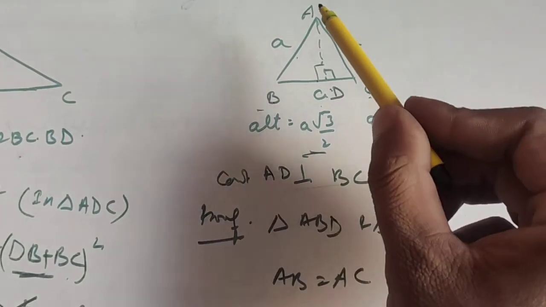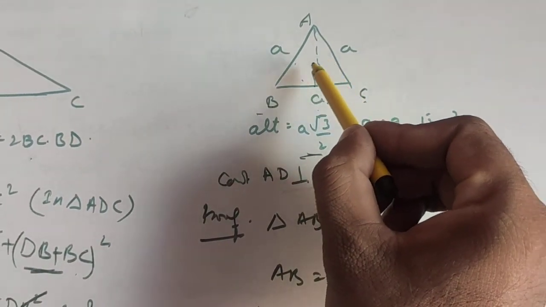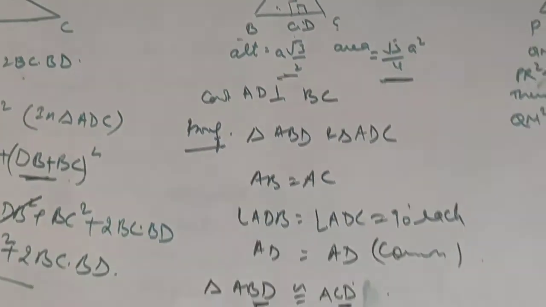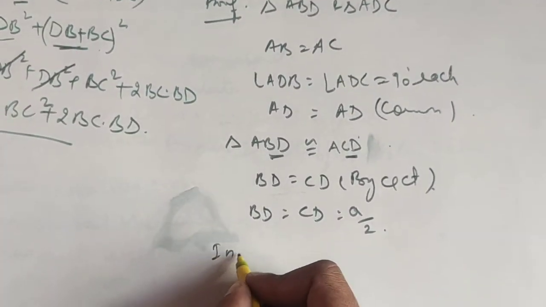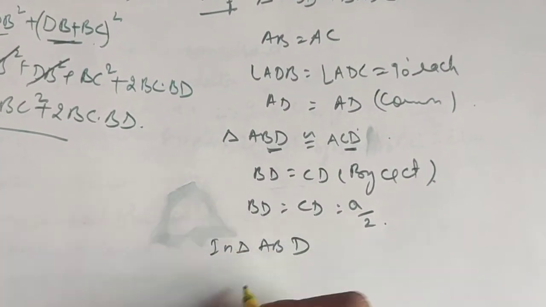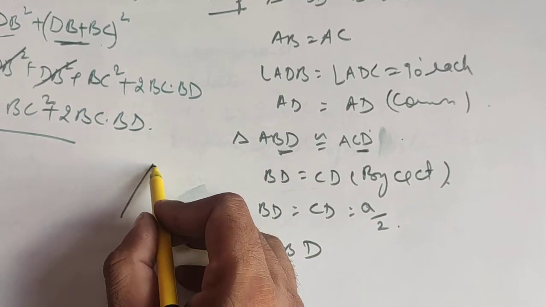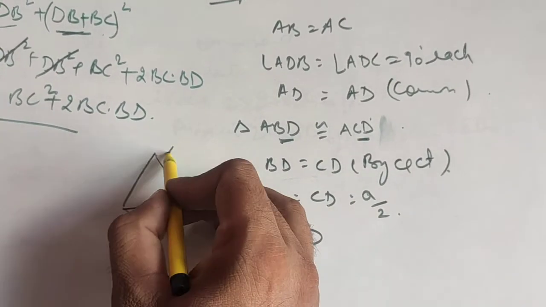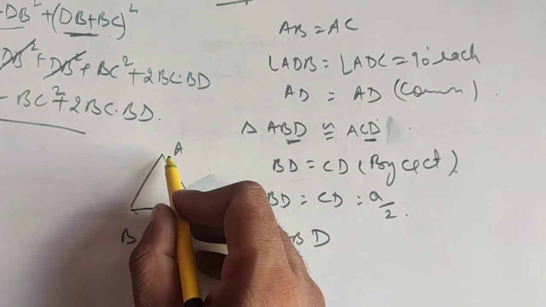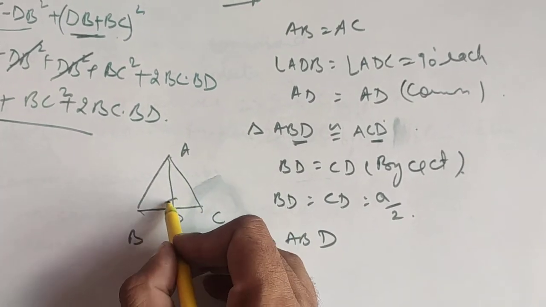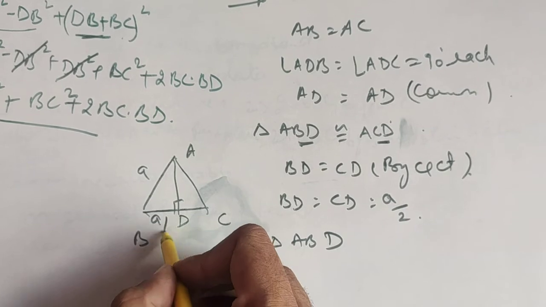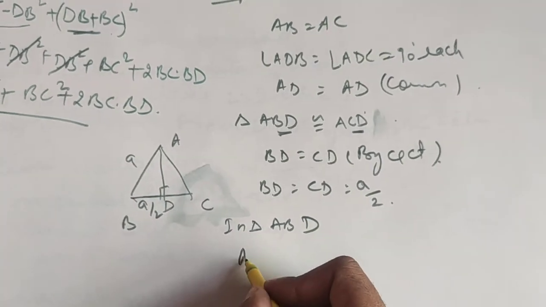Now using Pythagoras theorem in triangle ABD, we can find out AD. Here I am drawing that figure again. This was A, this was B, this was D, and this is the perpendicular AD. So this is A and this is A by 2. Now we can find out AD.